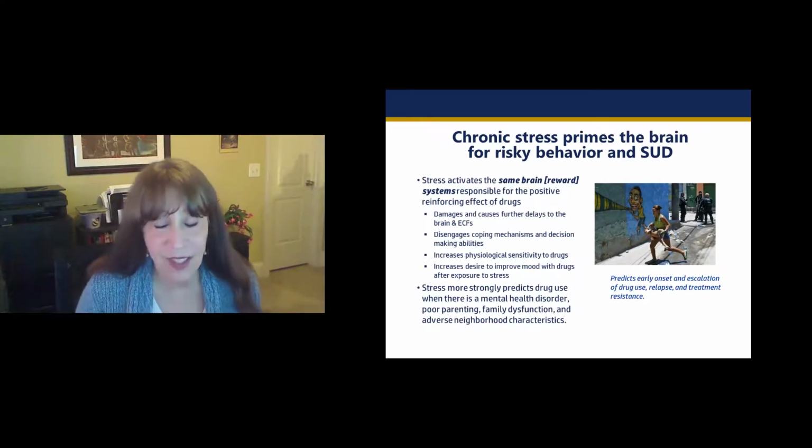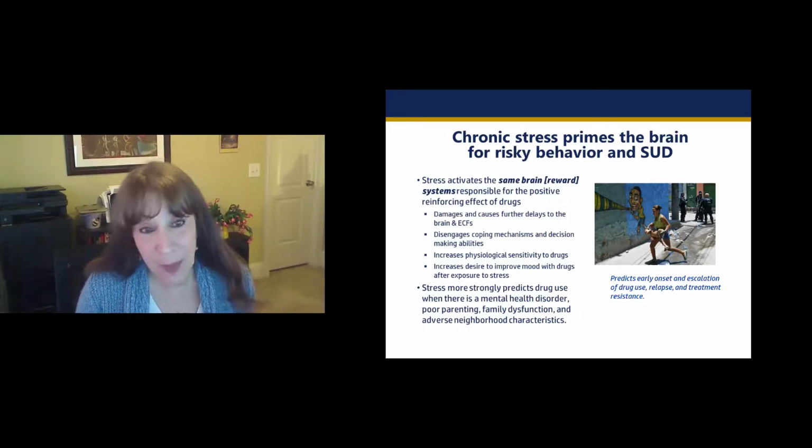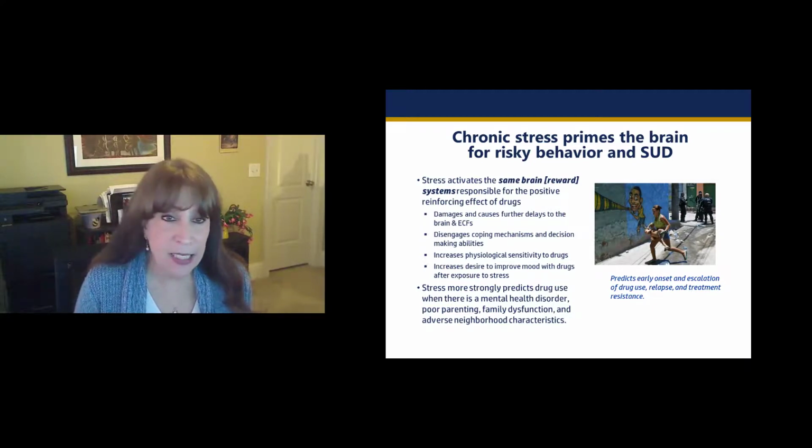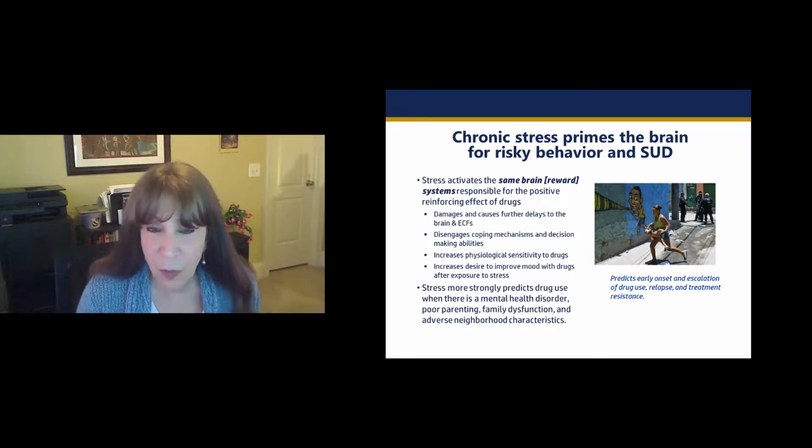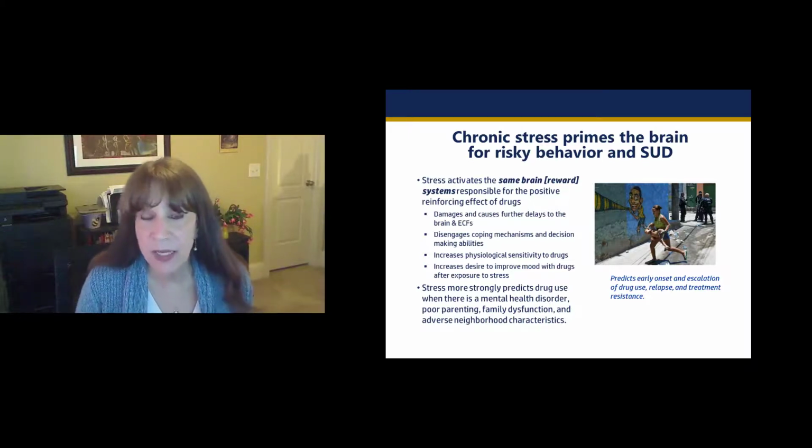Interestingly, though, knowing that the brain can be very much affected by stress, what many people don't know is that stress actually activates and can damage the same brain reward systems. They're actually called reward systems responsible for the positive reinforcing effects of drugs. So in short order, stress, trauma, adversity, and so forth can delay, can damage, or can even make these reward systems hypersensitive, so that when an adolescent begins to try drugs, they experience much more reward than somebody who has not experienced a lot of adversity.